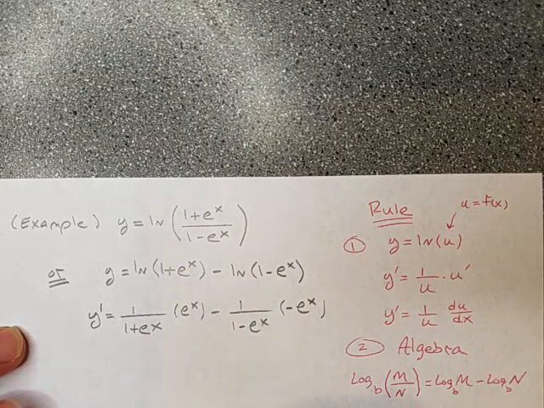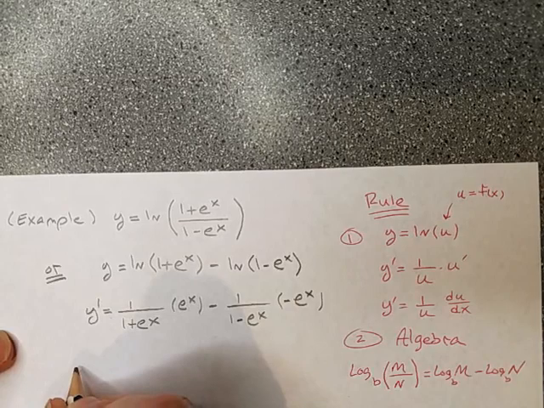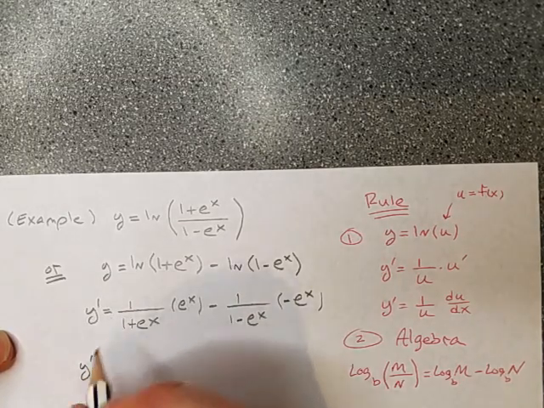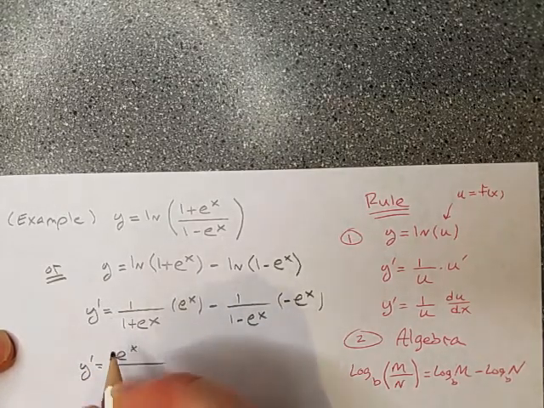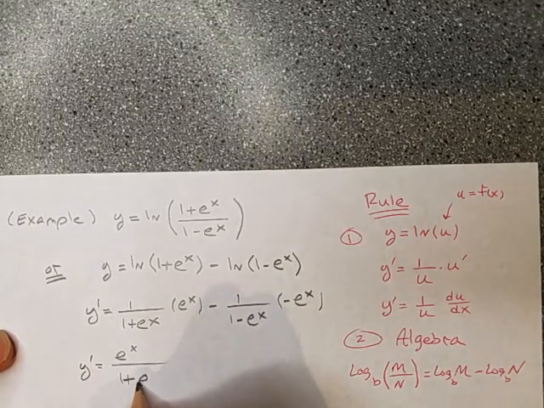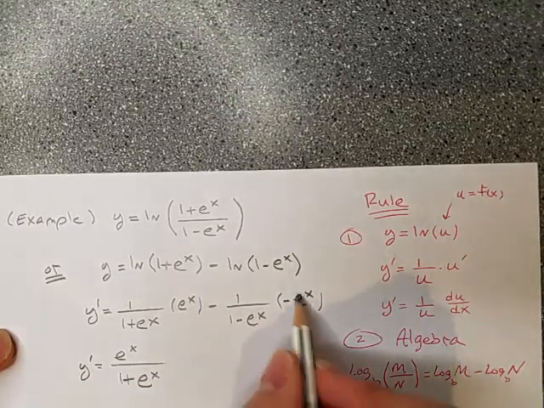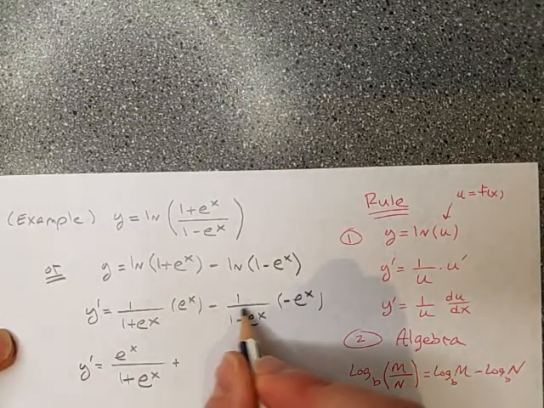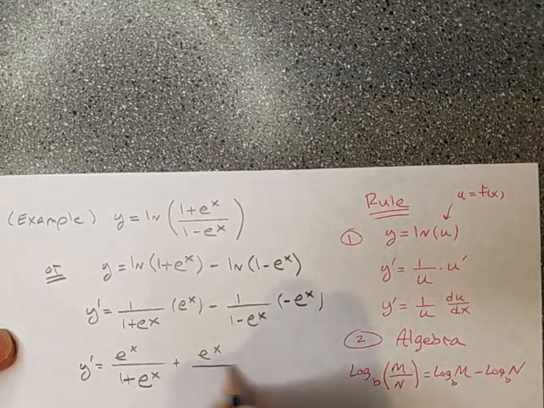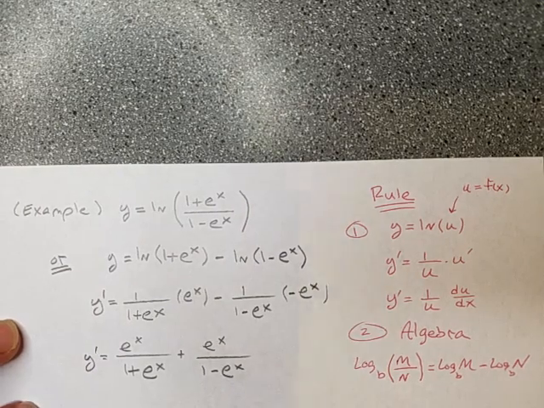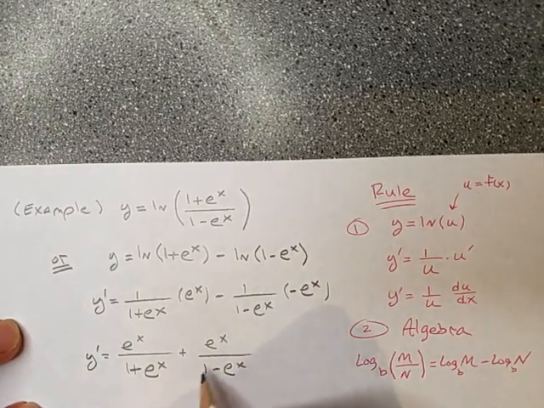We discussed that in the previous problem. So y prime: I get e to the x times 1 over 1 plus e to the x. And over here, two negatives, so I get e to the x over 1 minus e to the x. And, well, those are different.